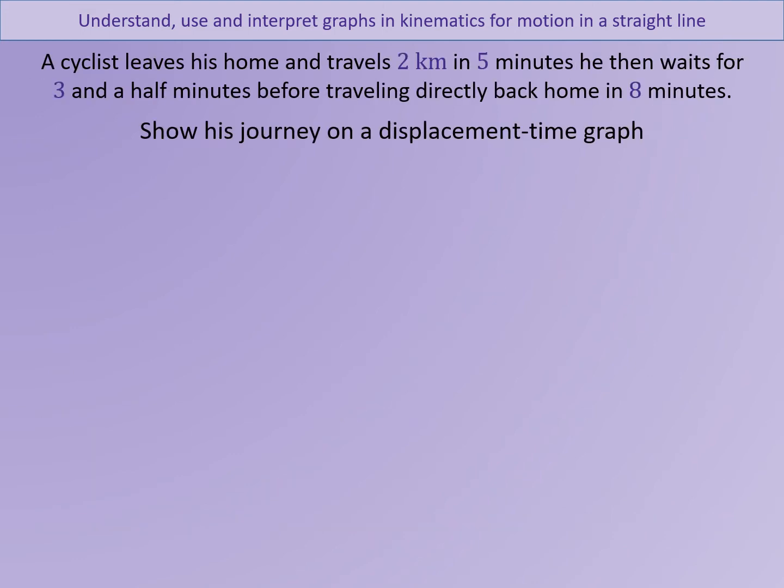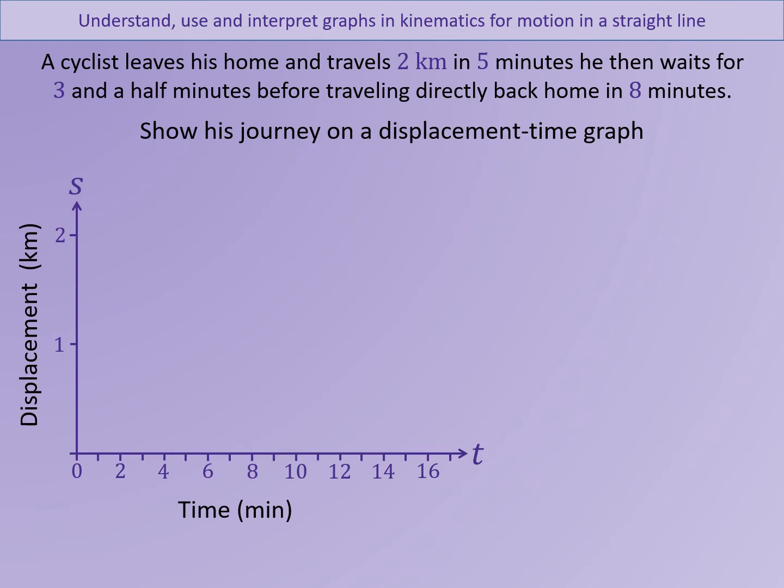We're now going to consider a journey made by a cyclist and show his journey on a displacement time graph. So the cyclist leaves home and travels 2 kilometres in 5 minutes. He then waits for 3.5 minutes and then travels directly home, taking 8 minutes. So we're going to start with some axes here.